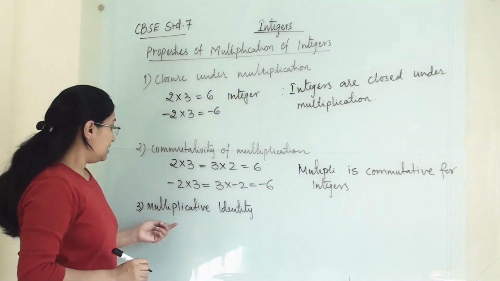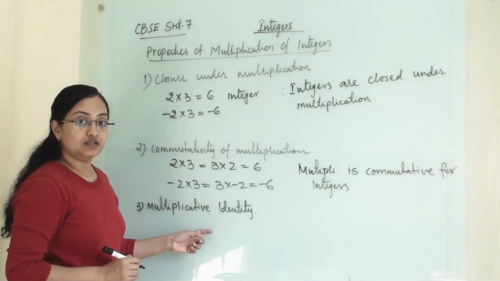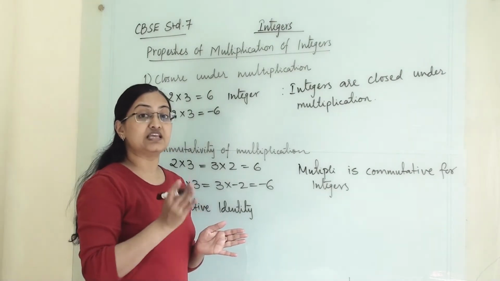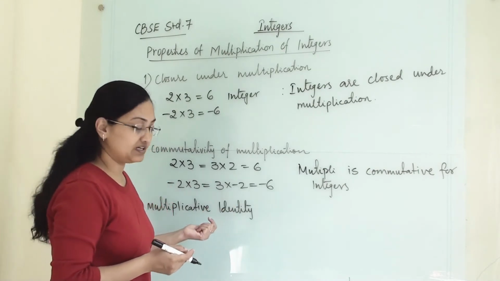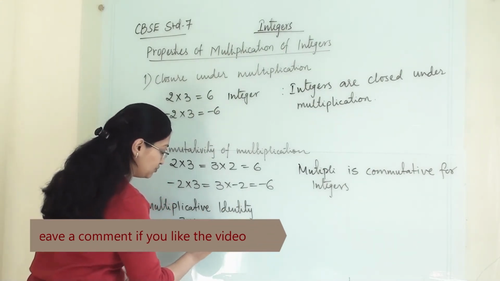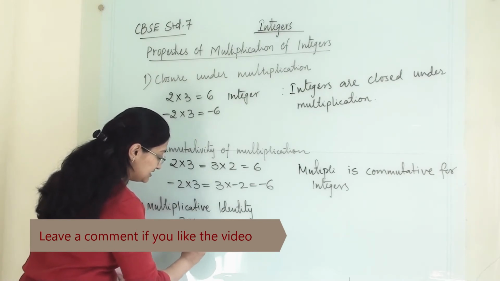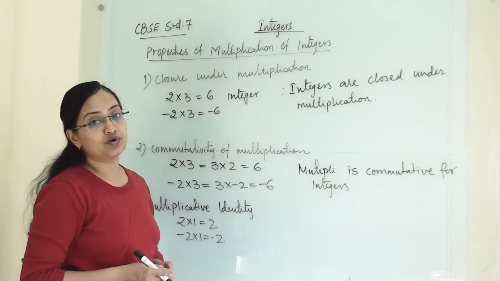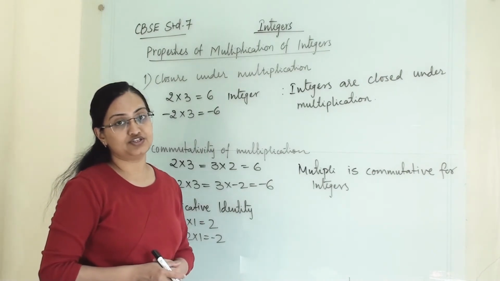Then third, multiplicative identity. Now what can be the multiplicative identity which gives the same number? It's definitely 1. If you multiply any integer with 1, you will get the same integer. So 1 is the multiplicative identity for integers.